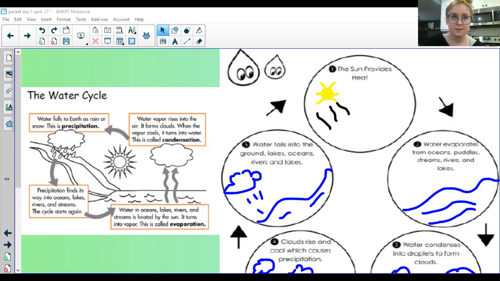Now, I am quickly going to try to find a BrainPOP to show you about the water cycle to end this, just in case you are having a hard time with the water cycle since it is new. Let me pull it up for you. Apologies for not having it ready. Water cycle. Hopefully they have it. Oh, there it is. Cool.